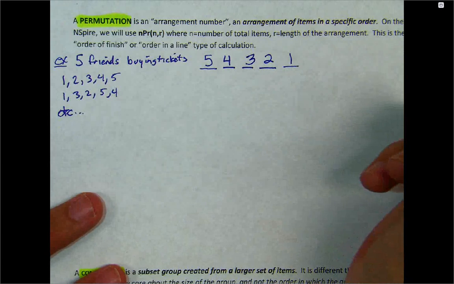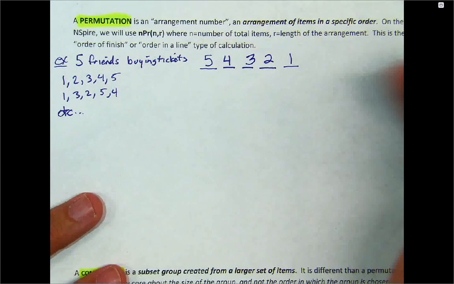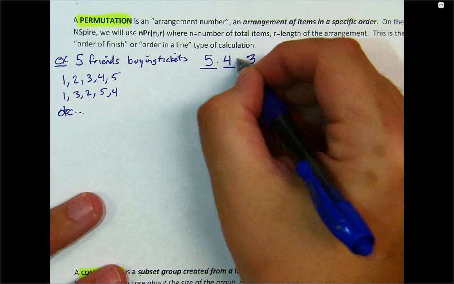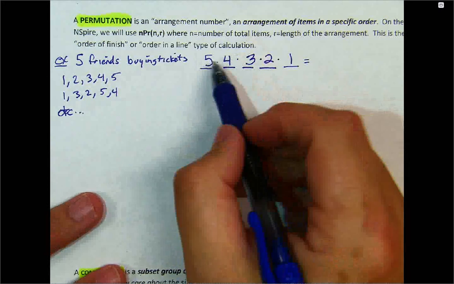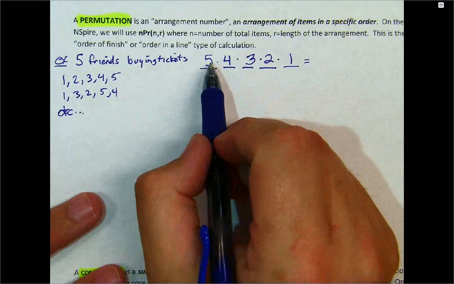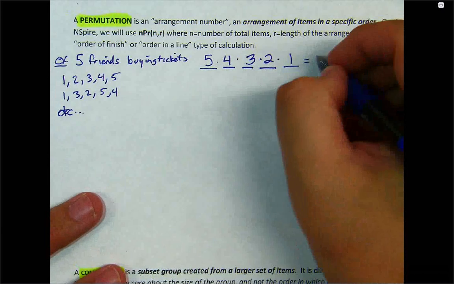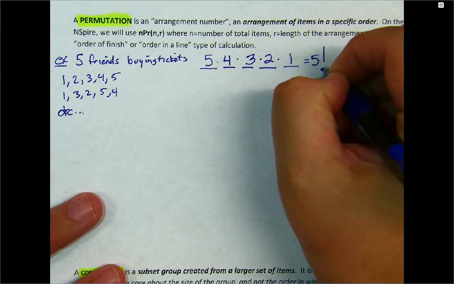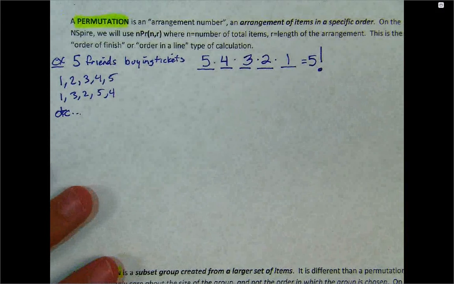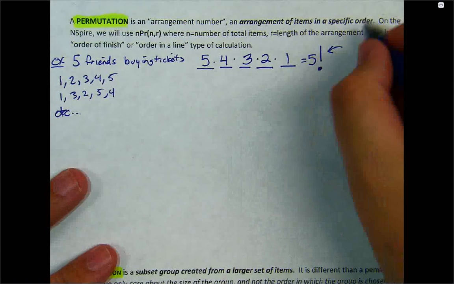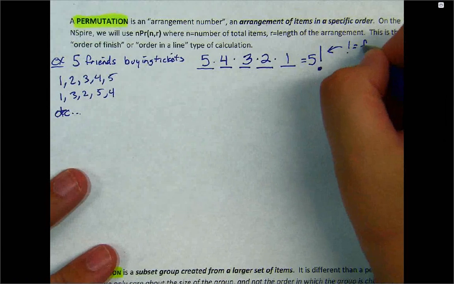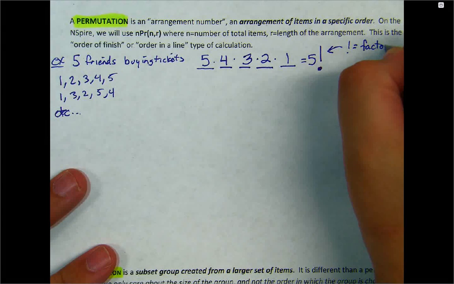And the counting principle tells us, what can we do with this? We multiply it. And if you have a number like 5, 4, 3, 2, 1, and you multiply them, I'll just go ahead and define this. Have you ever seen that? This exclamation point is something called a factorial.